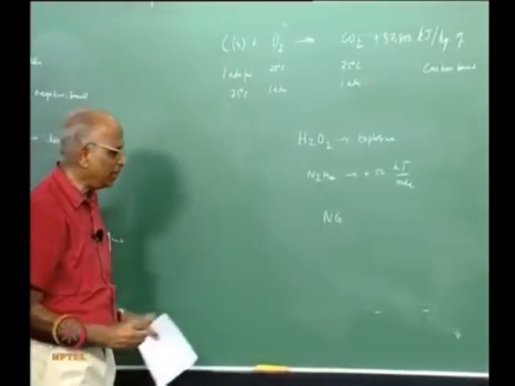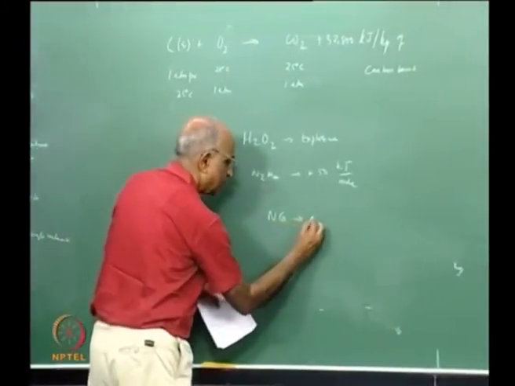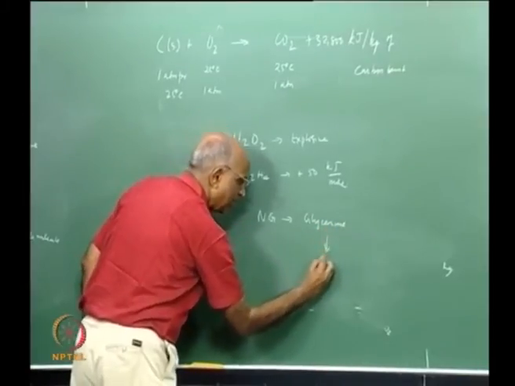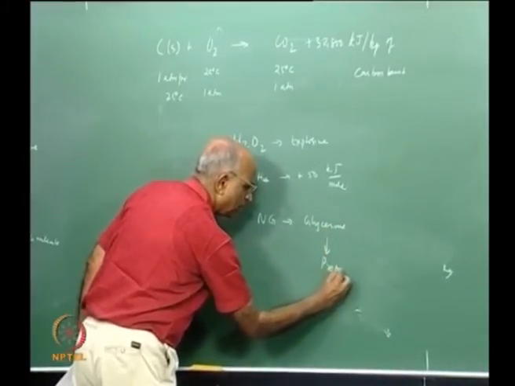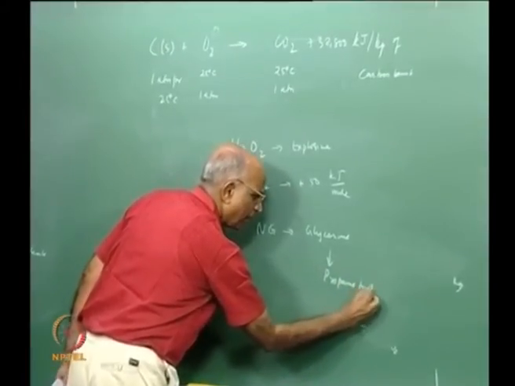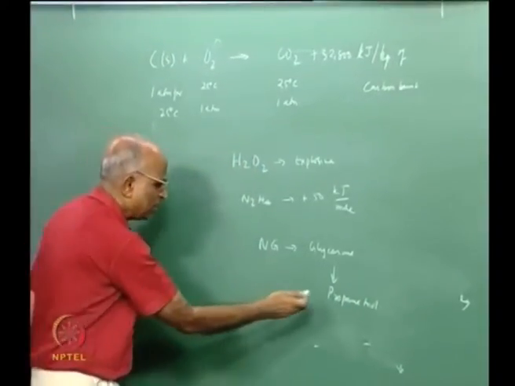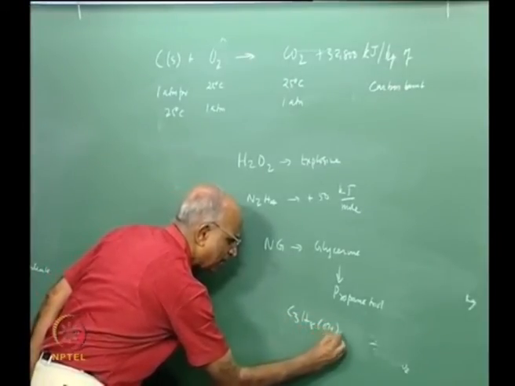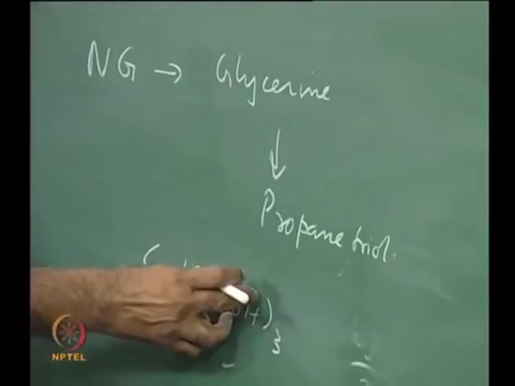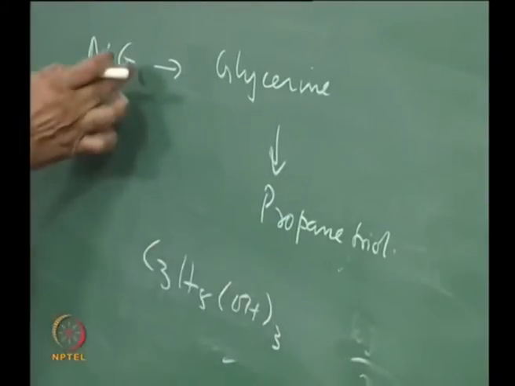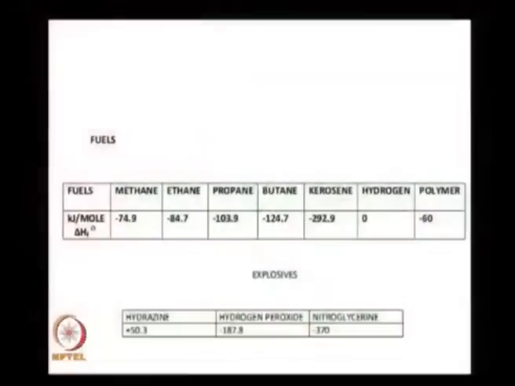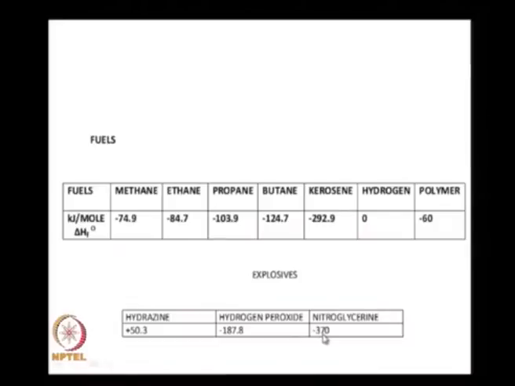What is nitroglycerine? Nitroglycerine is something like glycerine, and glycerine is propane triol, which means C3H5(OH)3, in which I replace OH by ONO2, it gives me nitroglycerine, and this again gives a heat of formation which is given as minus 370.